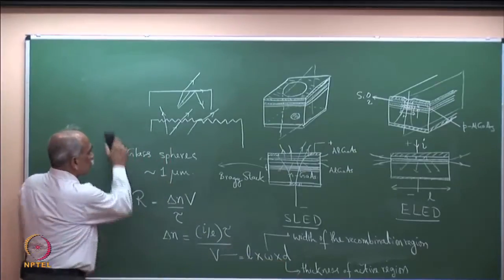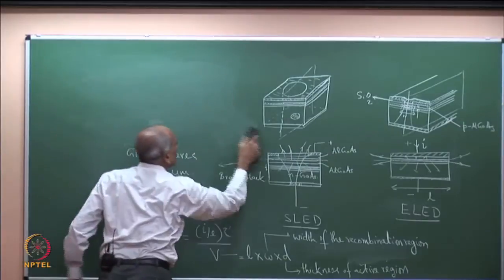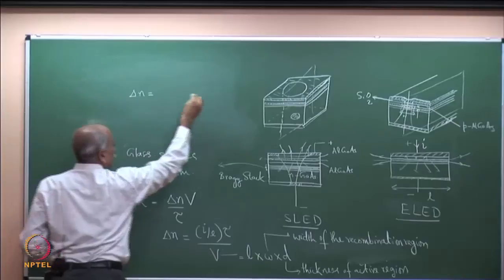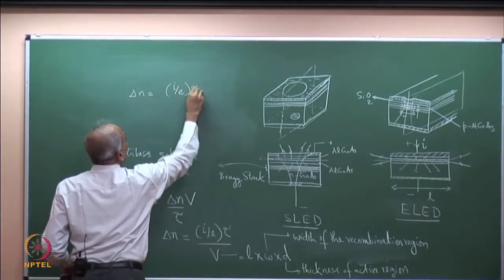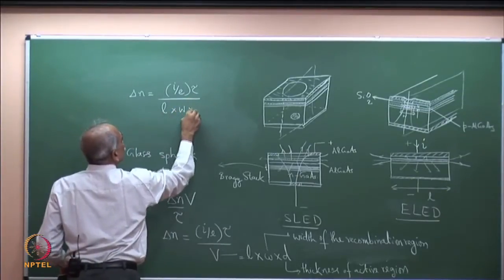If that is the case, let me write this expression again: delta n is equal to I by E into tau divided by L into W into D.